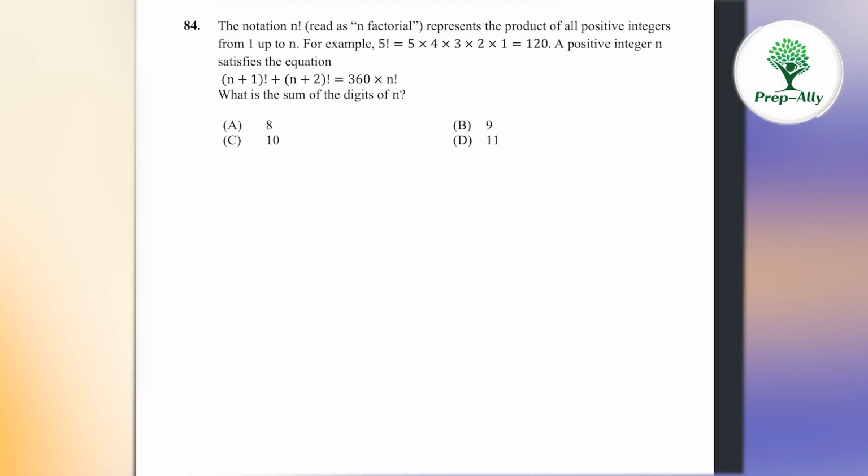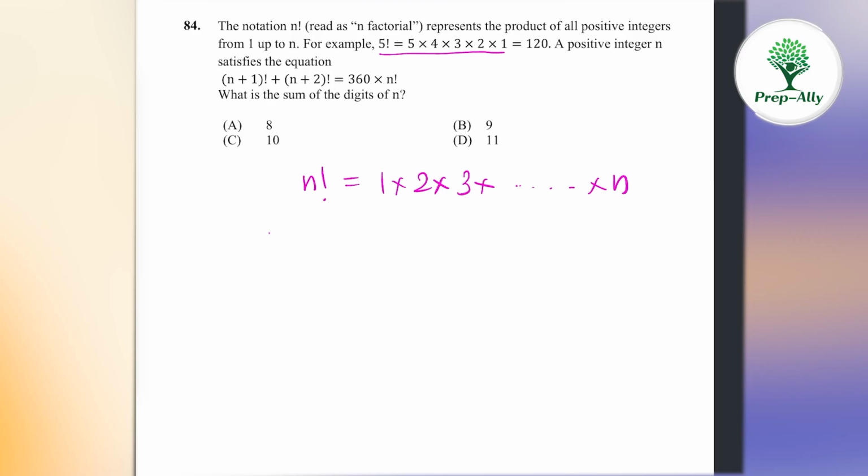Alright, let's see question number 84. n factorial represents the product of all positive integers from 1 up to n. So n factorial is 1 into 2 into 3 into 4 up to n, right? And we're also shown with an example what 5 factorial is, that is 5 into 4 into 3 into 2 into 1.